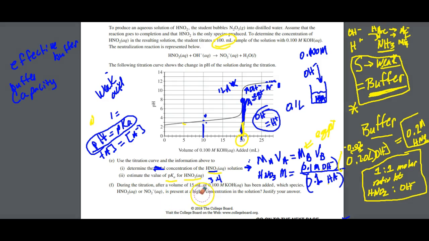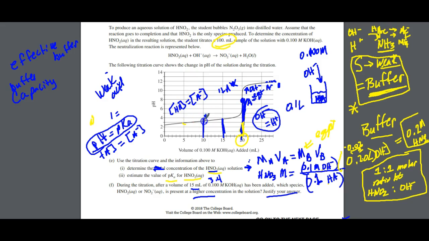Okay. During the titration, after a volume of 15 milliliters have been added, which species, HNO2 or NO2 minus, is present in a higher concentration in the solution? Justify your answer. Okay, right here at this half equivalence point, HA is equal to A minus.